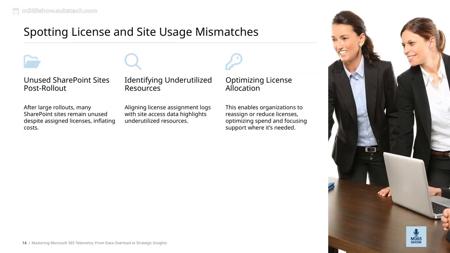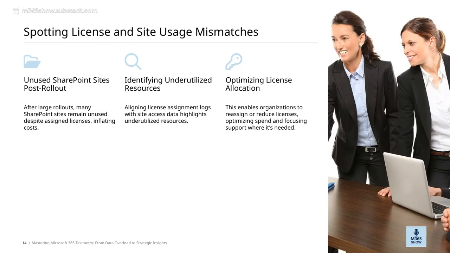Now, let's talk about spotting license and site usage mismatches. This is a crucial part of mastering Microsoft 365 telemetry because it helps us turn data overload into strategic insights. Essentially, what this enables organizations to do is reassign or even reduce licenses where they're no longer needed.